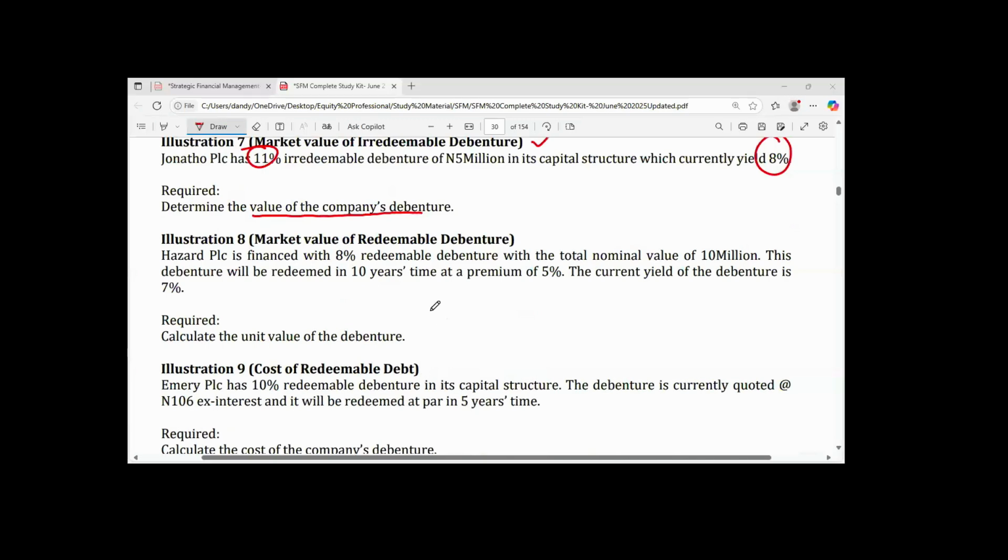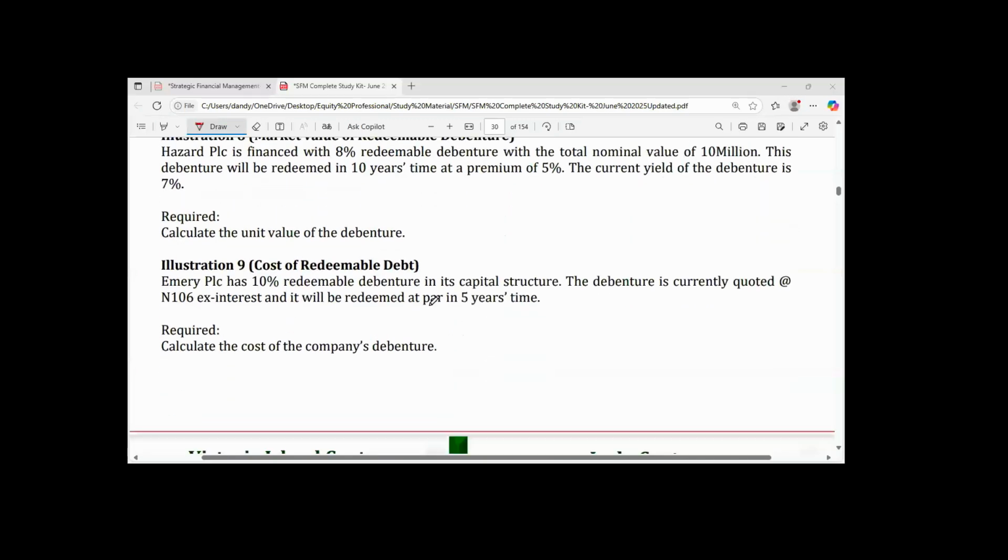Yes, let's solve illustration number 9. Somebody should help us read this. Who is helping us? I want to hear your voice. It's like I'm all alone in the class. Illustration 9. Thank you.